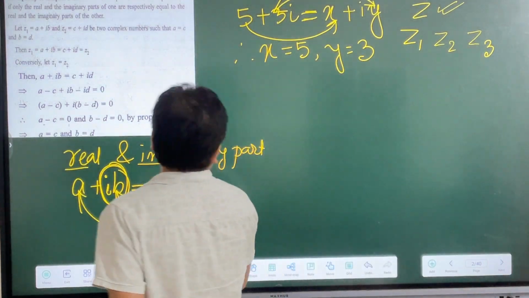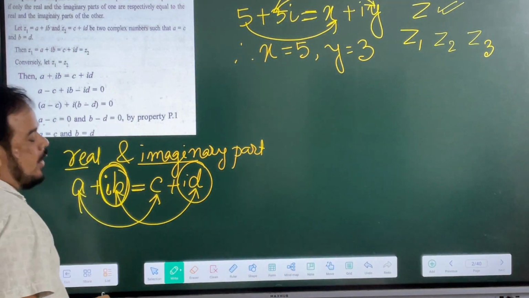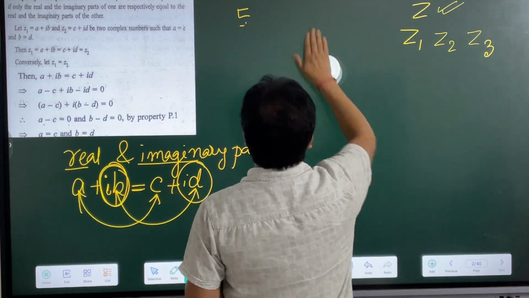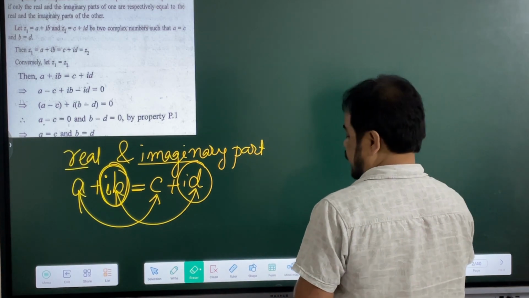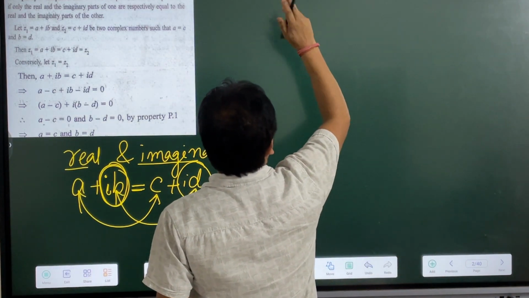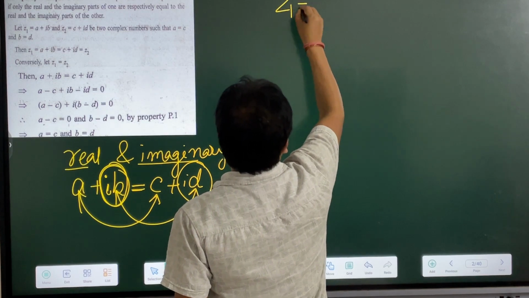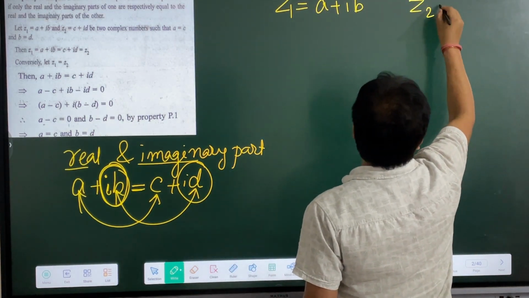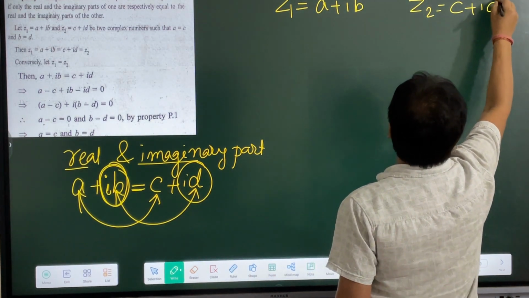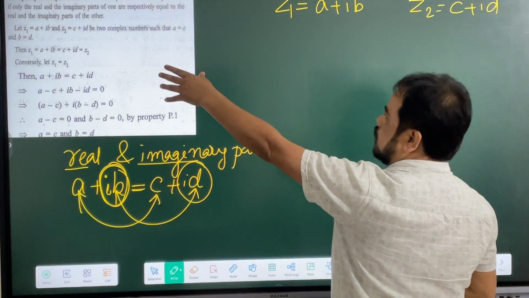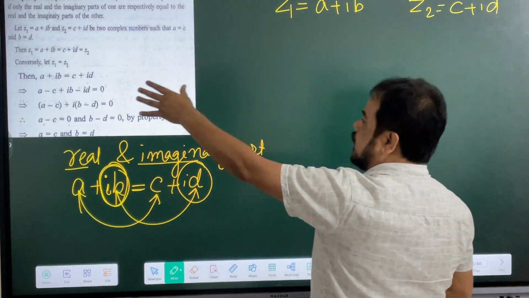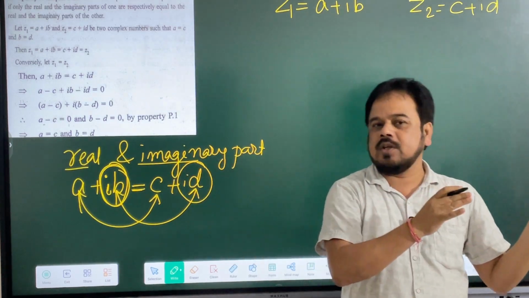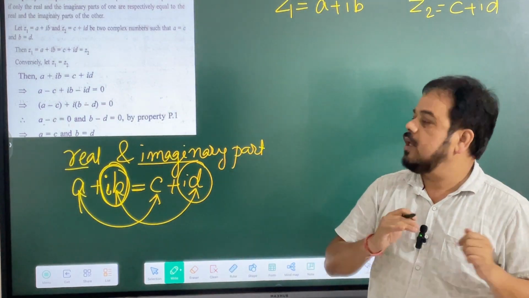So this proof I will show you here so that you can understand. Taking two complex numbers, one is a plus ib, the other one is z2, c plus id. What is the theorem? That if two complex numbers are equal to each other, real part equal, imaginary part equal.